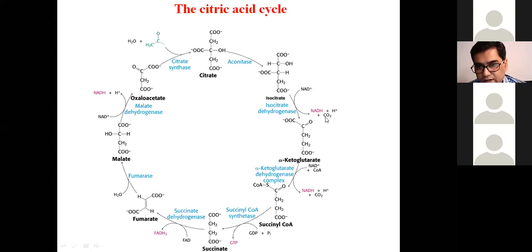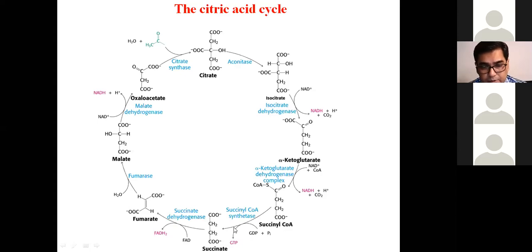So first NADH, first carbon dioxide, then alpha ketoglutarate, again the dehydrogenase, making it succinyl CoA, second NADH, second carbon dioxide. Succinyl CoA, with the help of succinate synthetase, produces GTP by borrowing an inorganic phosphate from this compound.